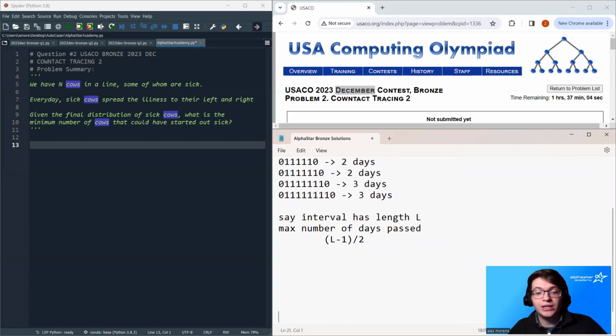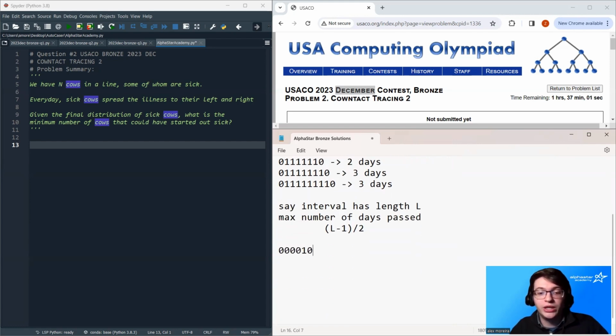So if we had some arbitrary arrangement of sick cows, we could calculate the max number of days passed by looking at all the interval lengths for the sick cows and choosing the smallest one. Okay, this is the smallest one. If I look at the smallest one, what does that tell me is the max number of days passed?